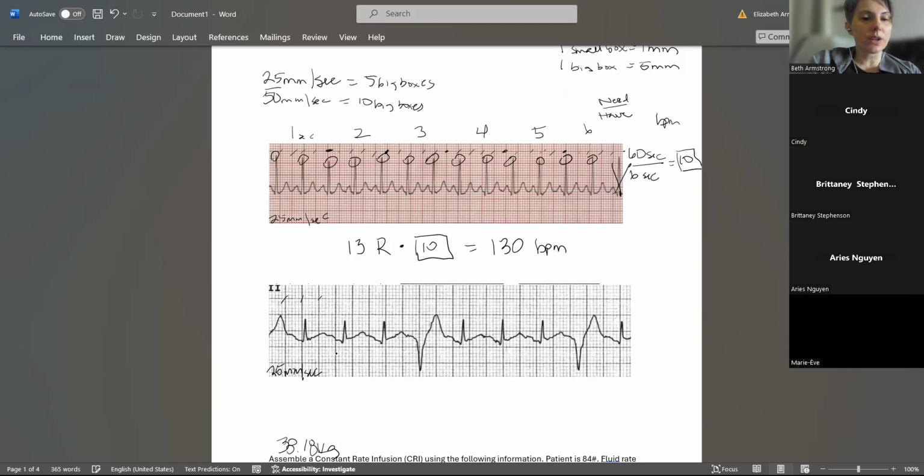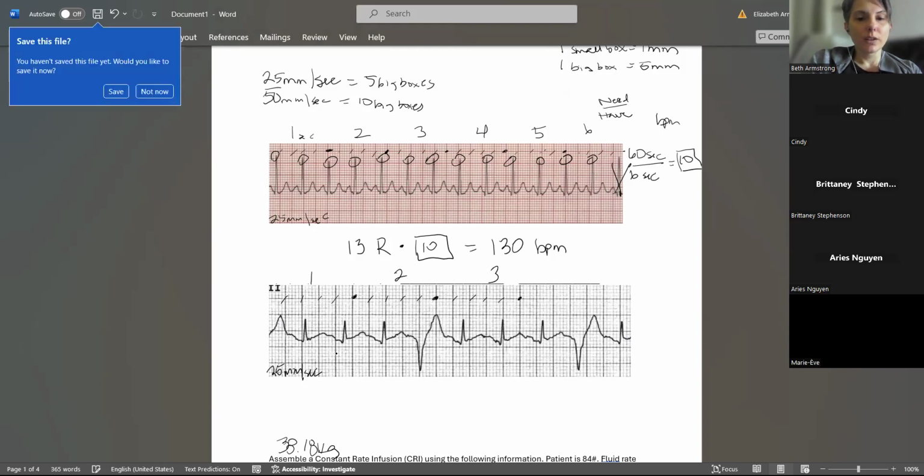1, 2, 3, 4, 5. 1, 2, 3, 4, 5. 1, 2, 3, 4, 5. 1, 2, 3, 4, 5. All right, and these are extra boxes, so we're not going to count anything after that.